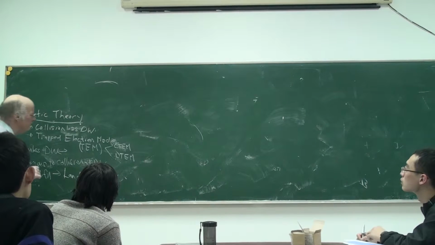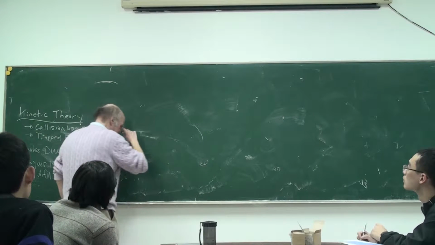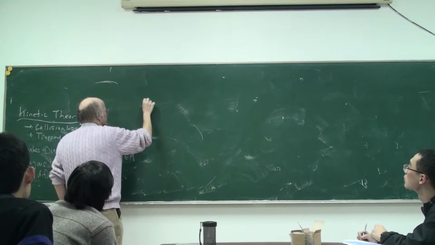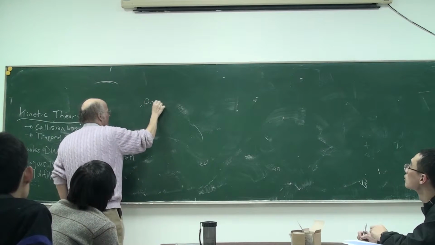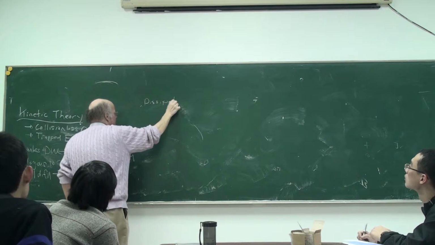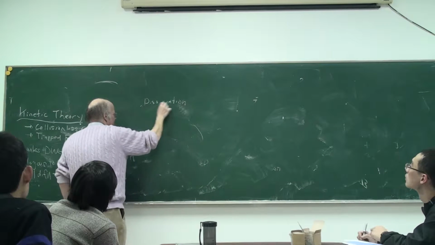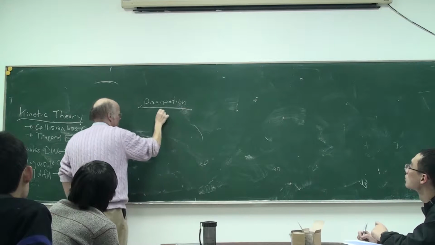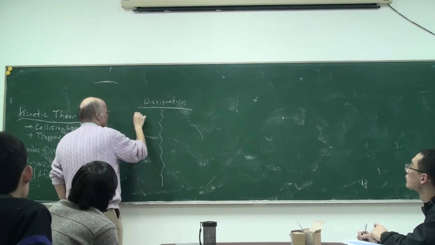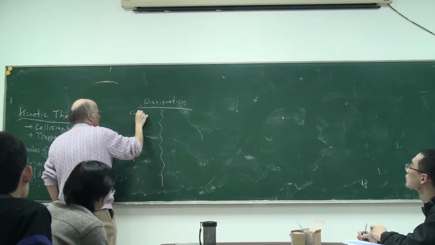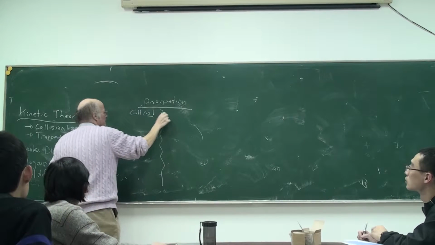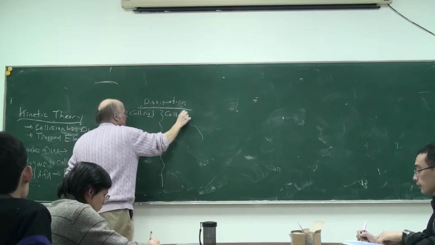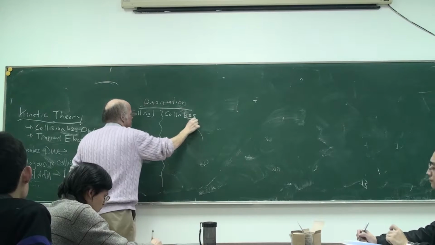So could you guess the analogy? Let's look at the dissipation. Let's make a little table and see if you can figure out in advance where we're going. So we'll do the collisional and collisionless.